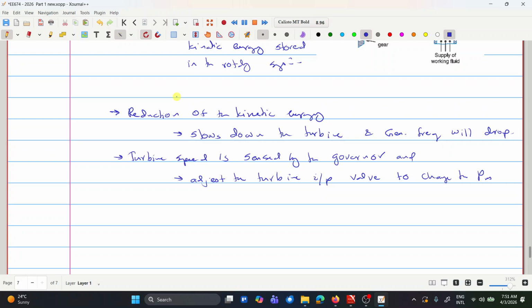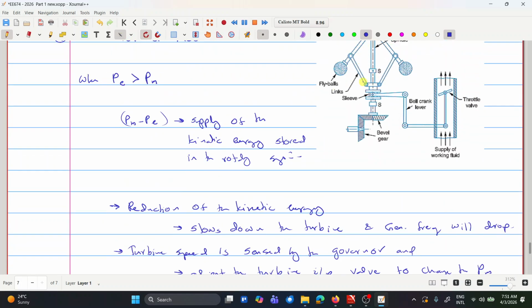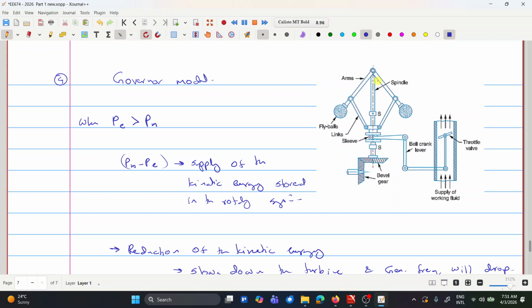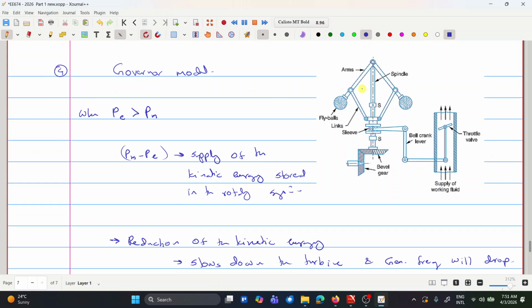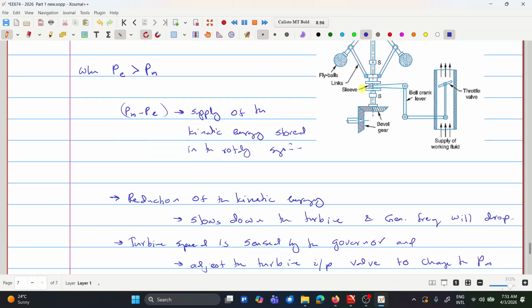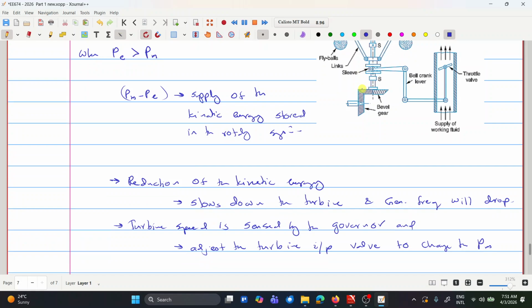As seen in this figure, the old governors are mechanical, but modern governors use electronics to sense the speed change and then turn on and off to control the valve position by electronic means.